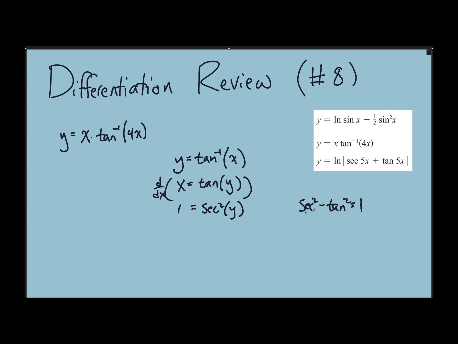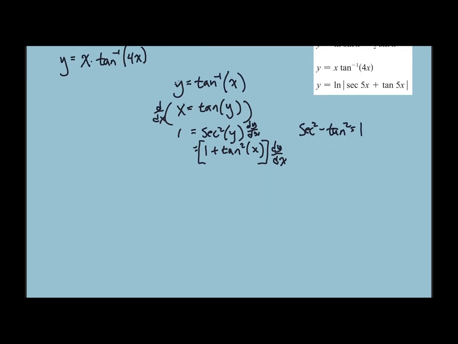And that means if I solve for secant squared, I can rewrite this as 1 plus tangent squared of x, like that. And the one thing that I left out here is when I created secant squared from this, I forgot to write my dy dx like that. So this is going to need it on the outside, like this. Don't miss that. I was moving a little fast, and I almost made a mistake.